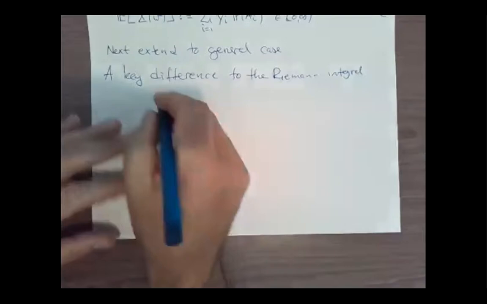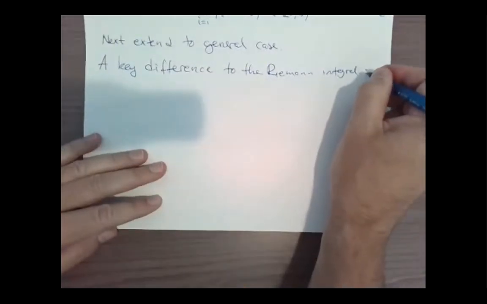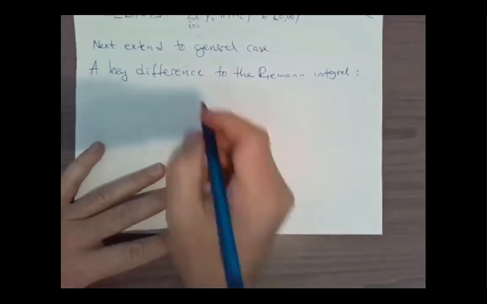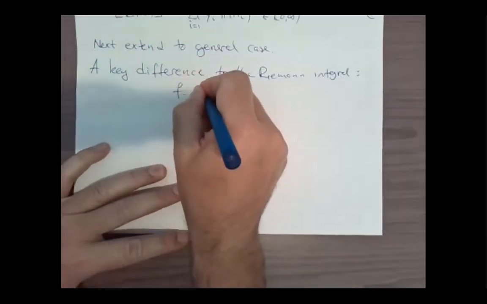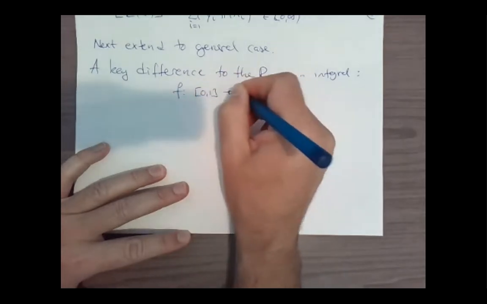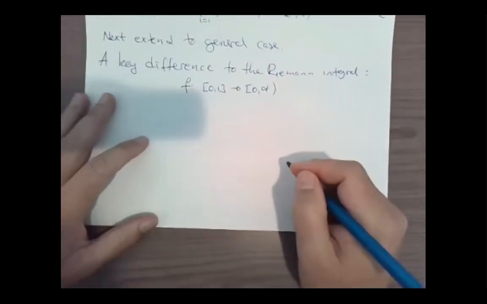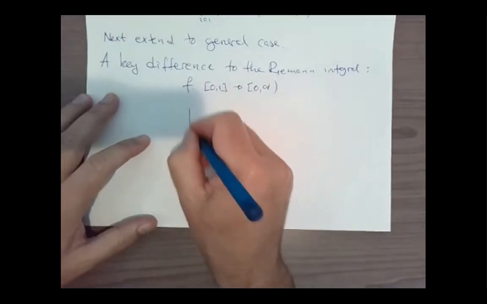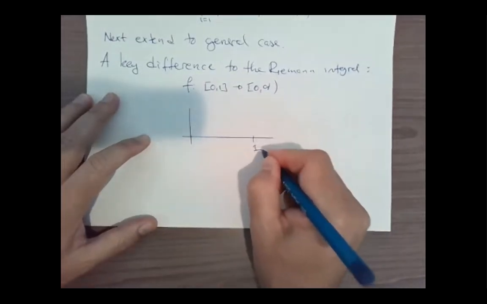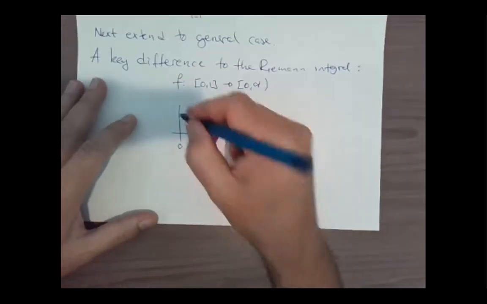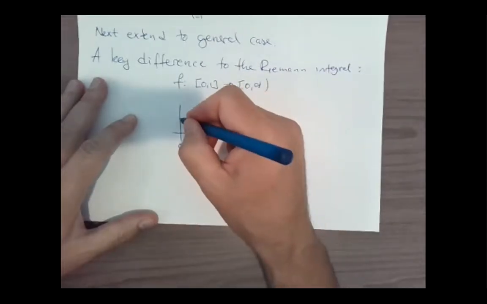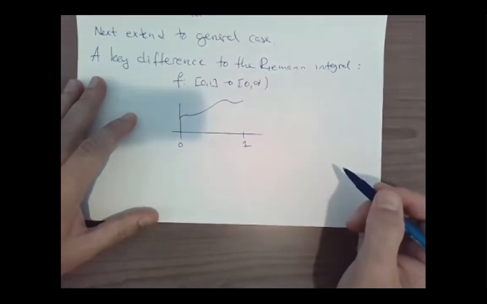Here I have my function, and let me just do it from 0 to 1, and let me do positive numbers again, just like we're doing for X. So this will be my function.